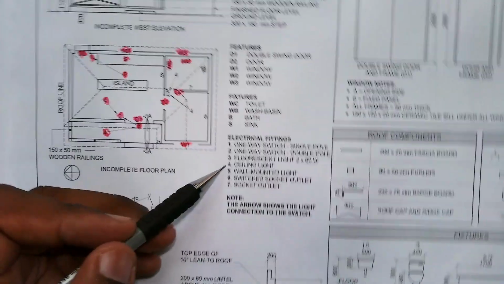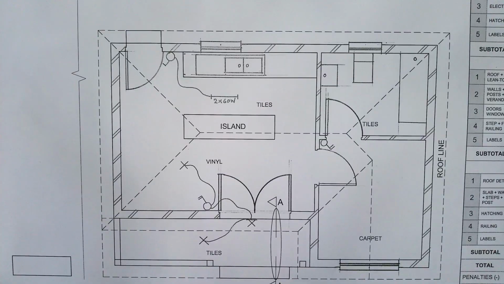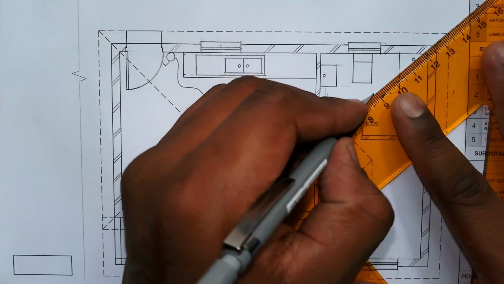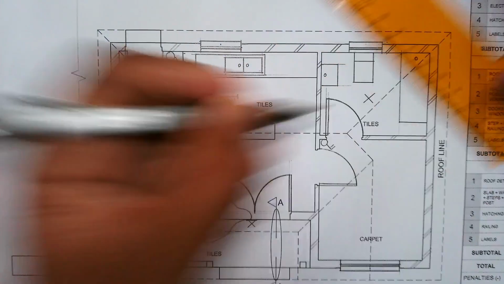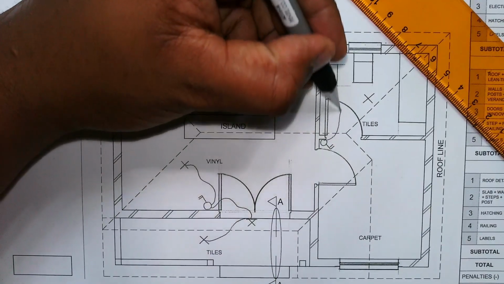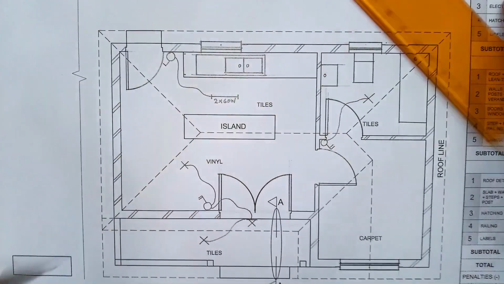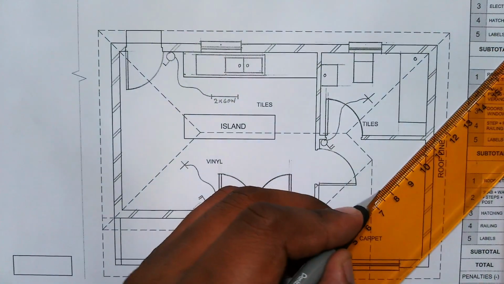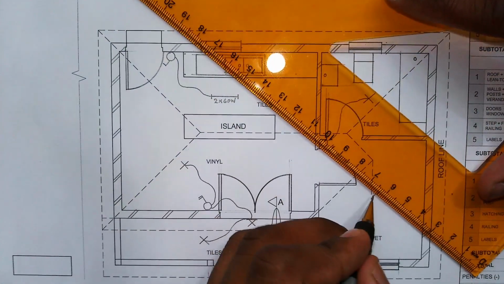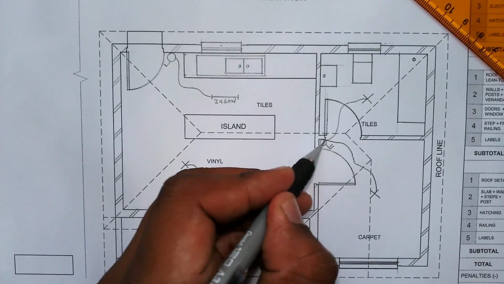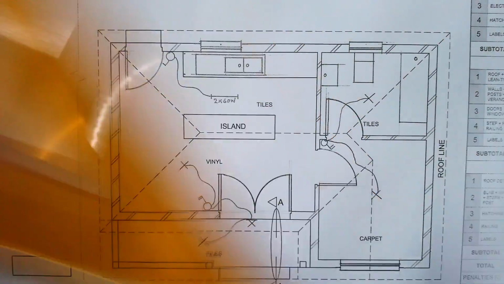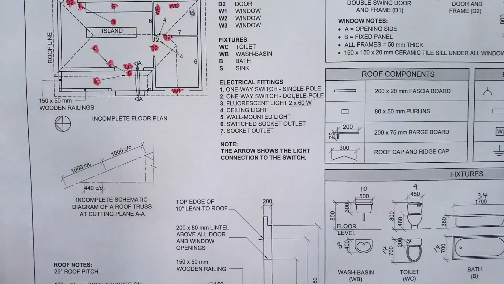Number 4 is the ceiling light. Okay, so it means I have to draw a cross. So for a ceiling light, you just draw a cross like that, and then I just connect the switch to the light. And then we have number 4 as well here, so just draw a cross there like that, connect the light to the switch. Okay, and then I can mark that off.